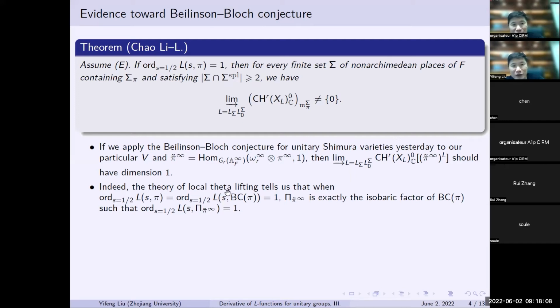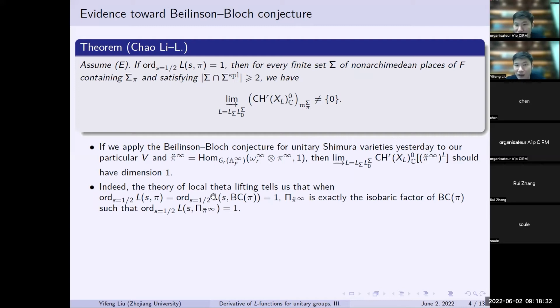So the theory of local theta lifting tells us that when this order is 1, then there is exactly one isobaric factor of the base change of pi that will have order 1. And that isobaric factor is exactly the isobaric factor corresponding to the theta lifting.